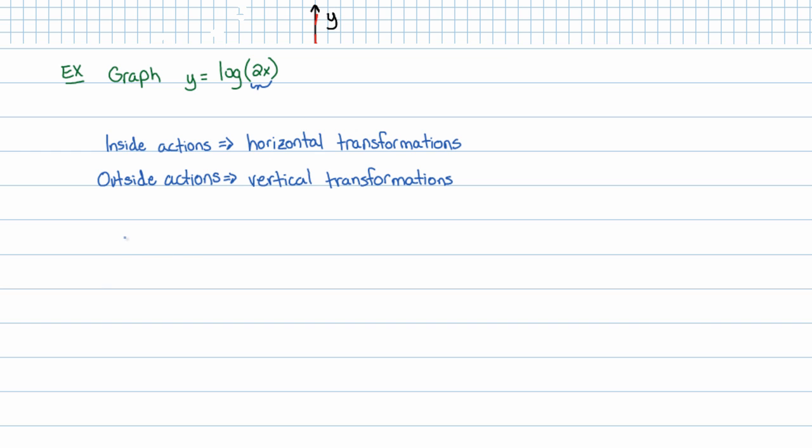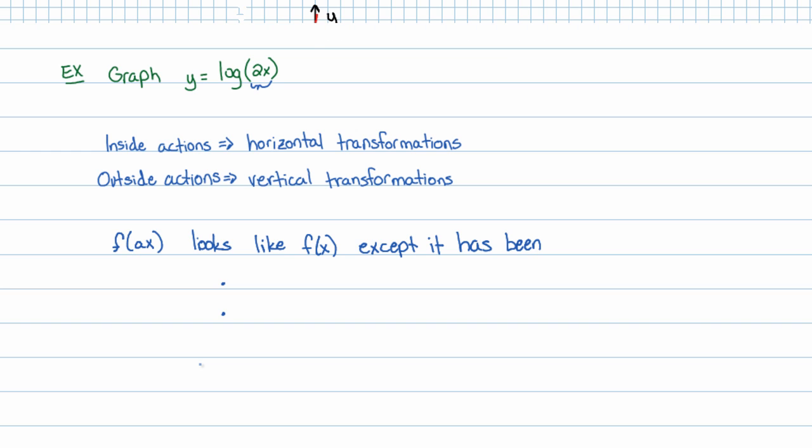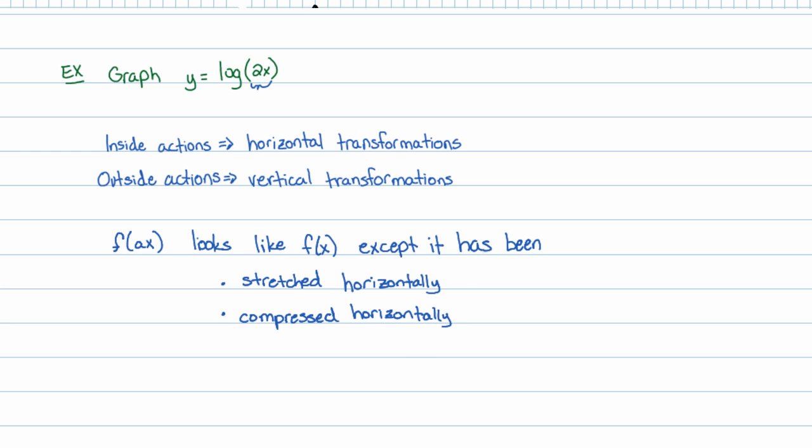So just recall that f of ax looks just like f of x, except it has been, and then one of two things will happen. Either it's stretched horizontally or compressed horizontally. And we have to figure out by what factor.